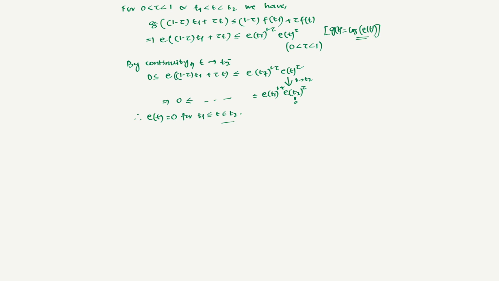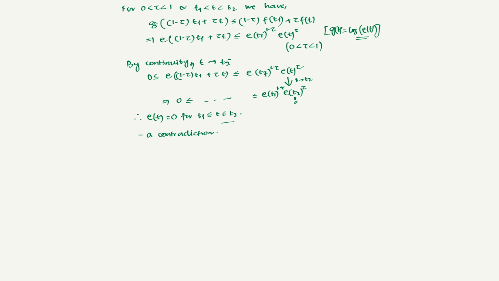So the line segment containing t1 and t2, for all those t, e of t is 0, because this is sandwiched between 0 and 0. So all these points are 0. This is a contradiction to the fact that e of t is positive.